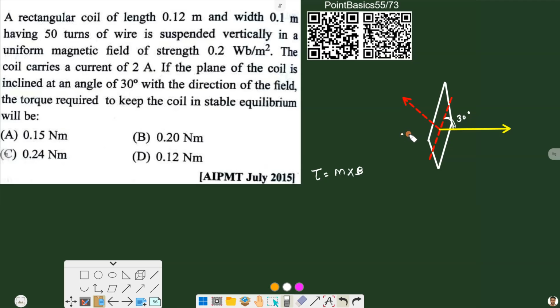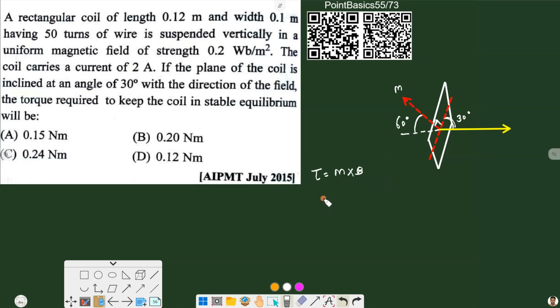So here the angle between M and B will be this one, and as we know this angle is 30, so this angle will also be 30, and the magnetic moment is perpendicular to the plane, so this angle is 90 degree, so this angle will be 60 degree. 60 plus 90 is 150, plus 30 is 180, so that's a straight line.